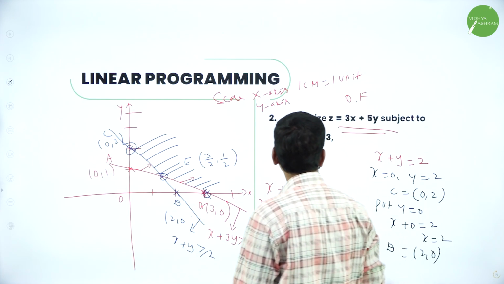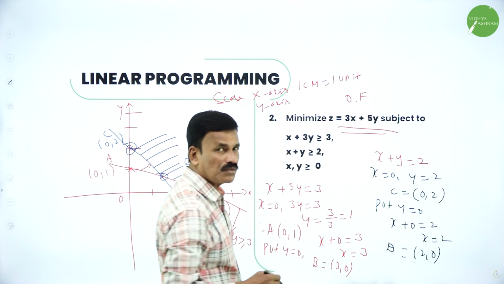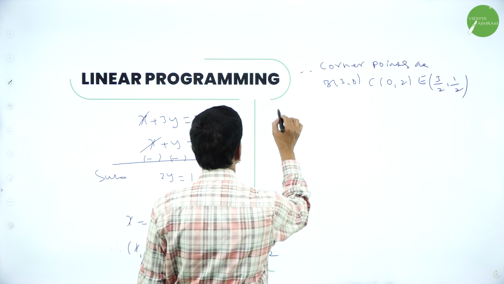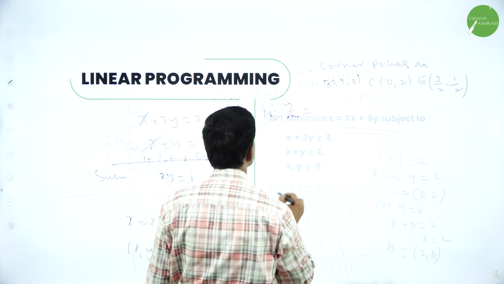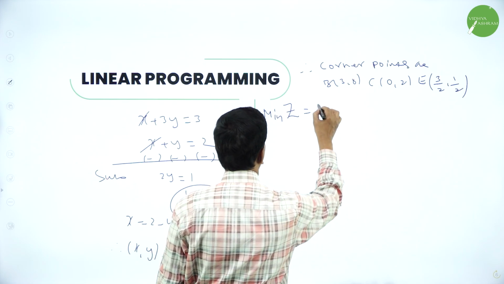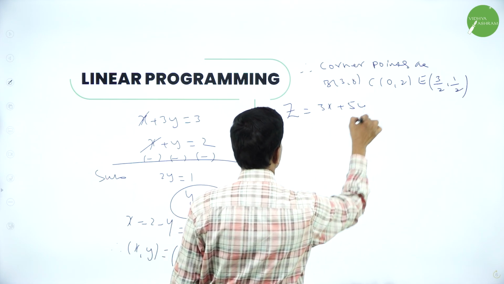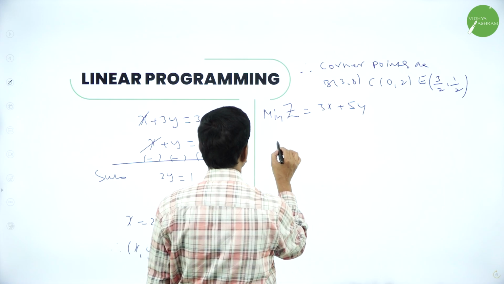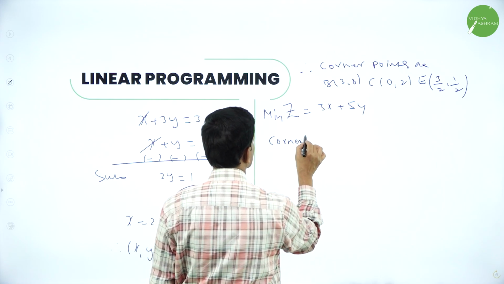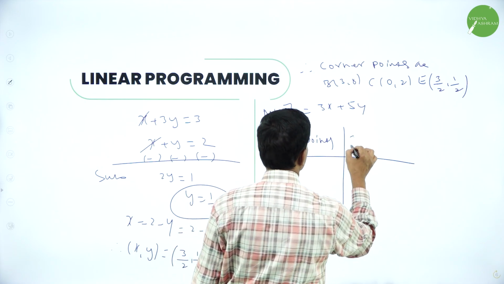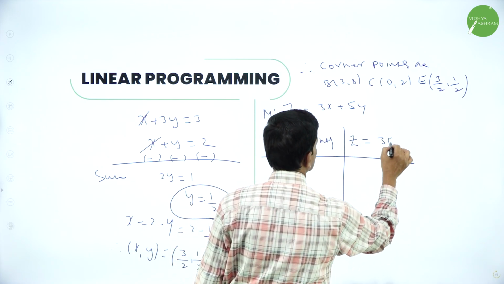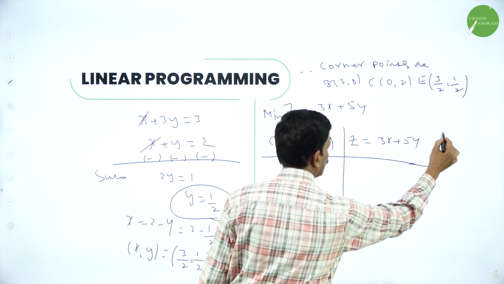Now just find out the minimum. So what is the objective function? Minimum of Z, where Z is equal to 3x plus 5y. Now let us represent this with the corner points and the objective function Z is equal to 3x plus 5y.